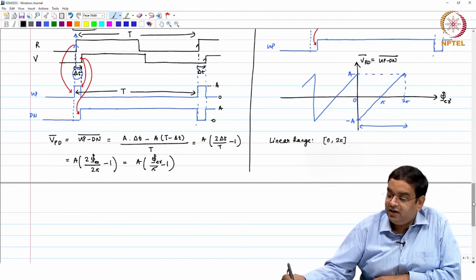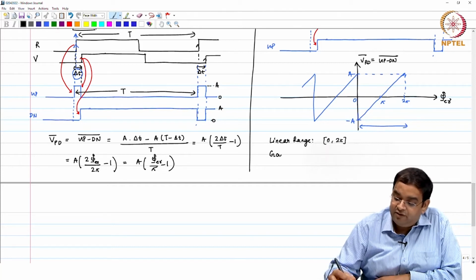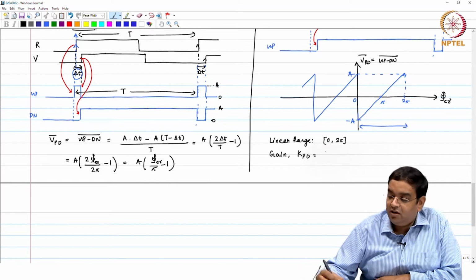Earlier, in case of your XOR based PD, you had range 0 to pi, here it is 0 to 2 pi. What is the gain of the PD? Gain KPD, well, it's simple here, 2A divided by 2 pi, you can say A by pi volt per radian.